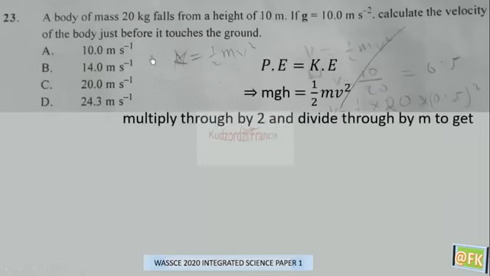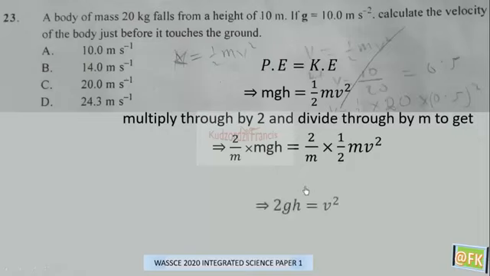What are we to solve for? We are to solve for the velocity. So let's make v the subject. Multiply through by 2 and divide through by m. That gives us v squared equal to 2gh.